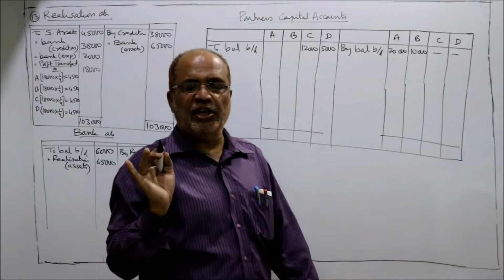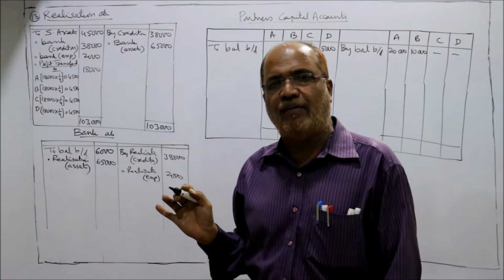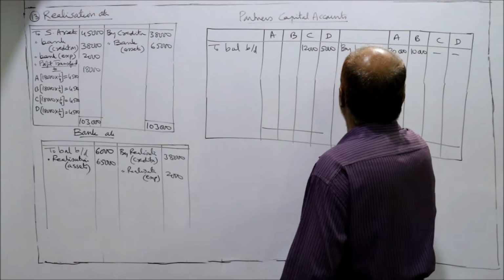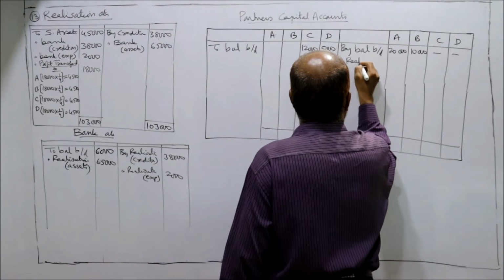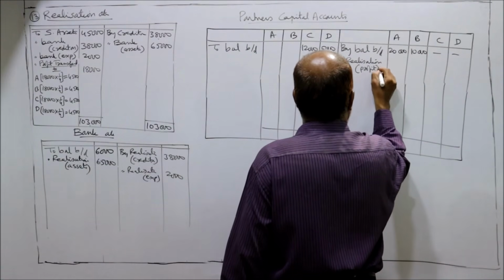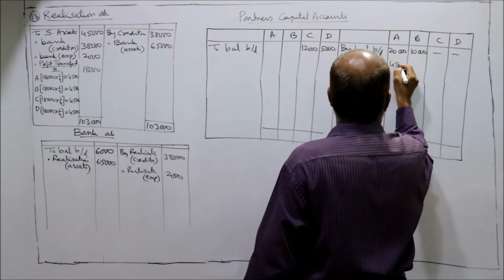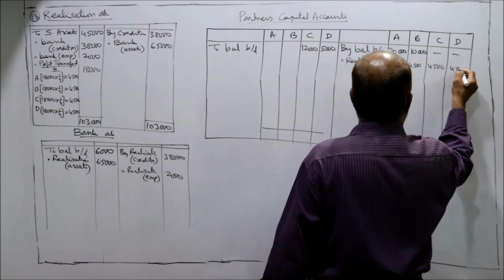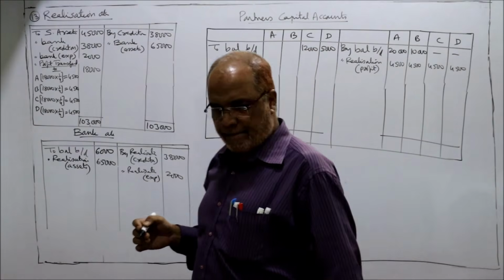Each partner will get a realization profit of 4,500. So the entry will be realization account debit to partners' capital account, by realization profit 4,500 each partner. That's it.